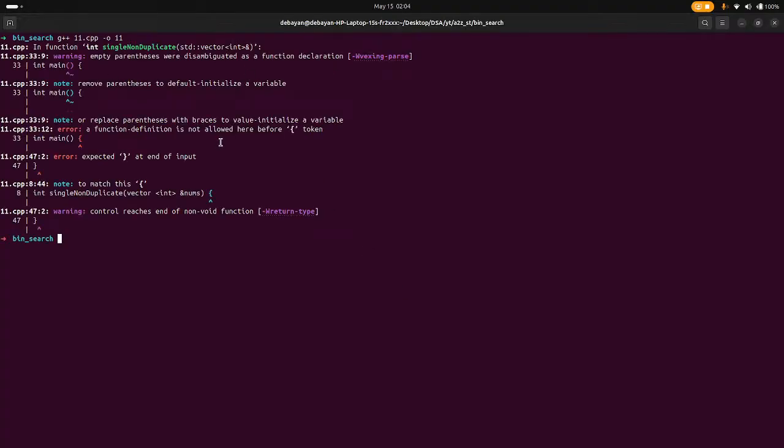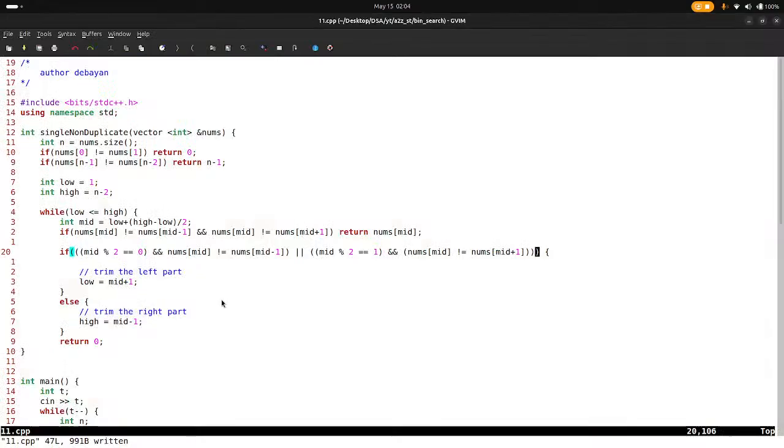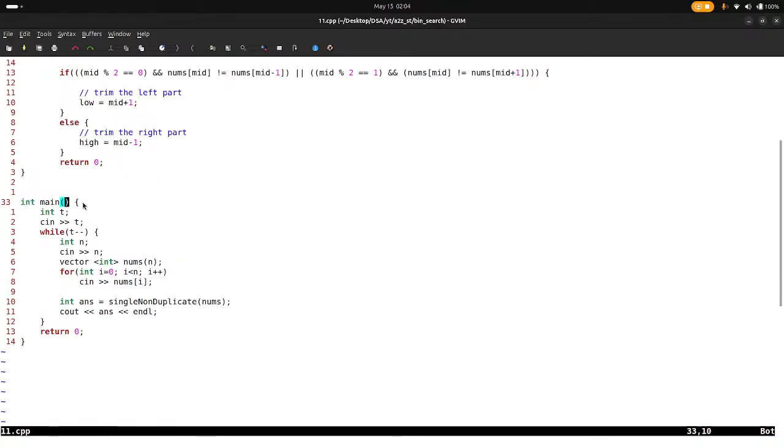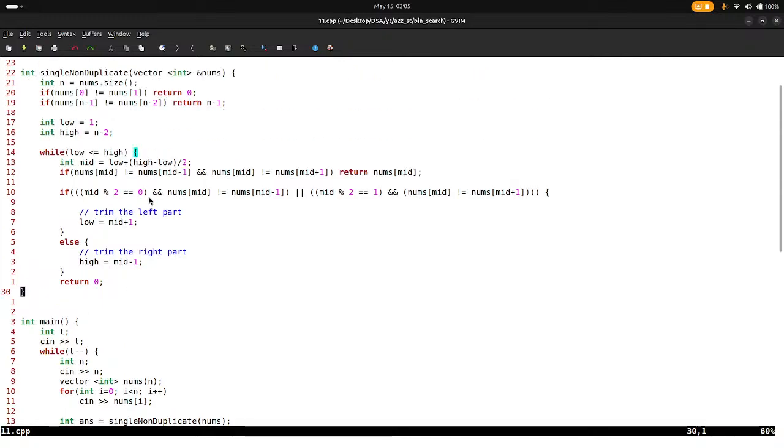Okay, int main, empty parenthesis. Okay, int main. Oh, my issue. Why?